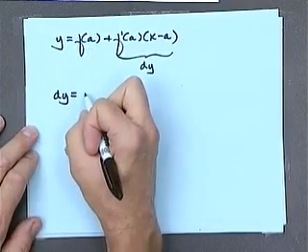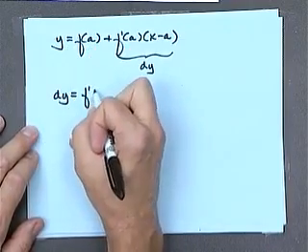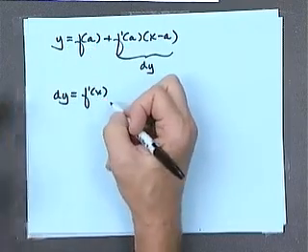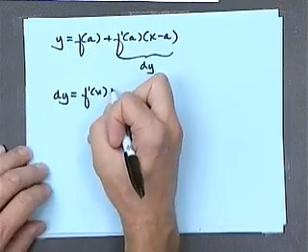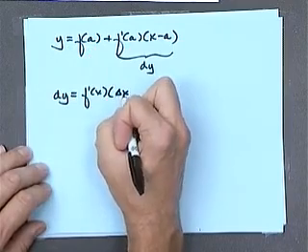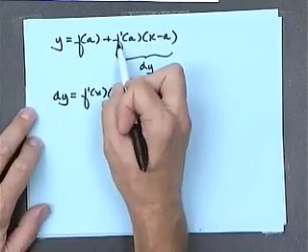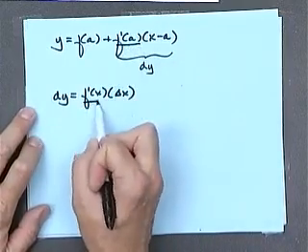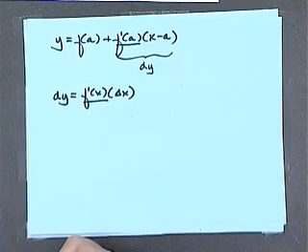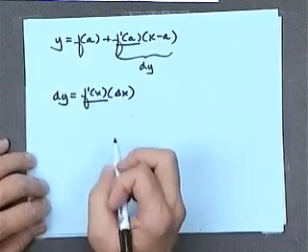So dy is going to be the first derivative at x, or a, if we have a specific number, times the change in x. There's the first derivative at a. Here's the first derivative at x. It's the same thing. X is the starting point. I flagged that as a.